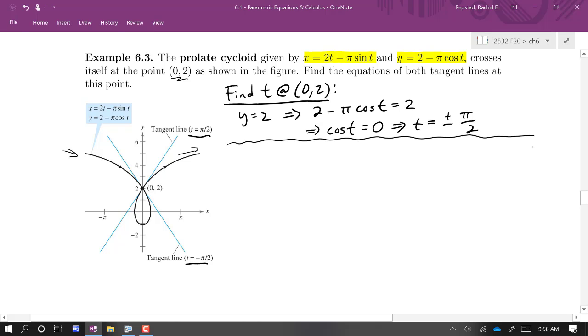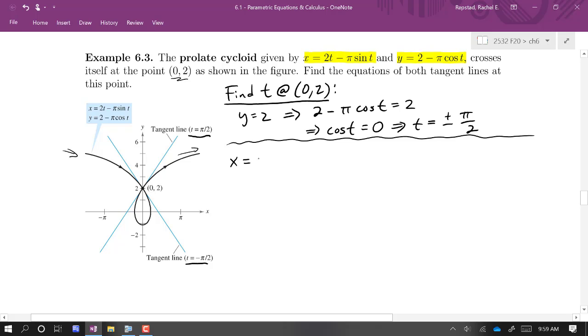we want the equations of the lines, which means we need the slope of the line. That's all we need. They gave us the point, so we just need the slope of the tangent line for each of these two values of t. So let's find dx/dt and dy/dt.